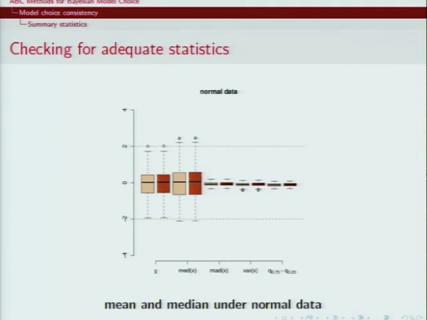So this is a T statistic for the mean and the median. And you can see that within the range -2 and 2, all our simulations do produce values inside this range. And so the conclusion is that X bar or the median are not interesting statistics for conducting the comparison.